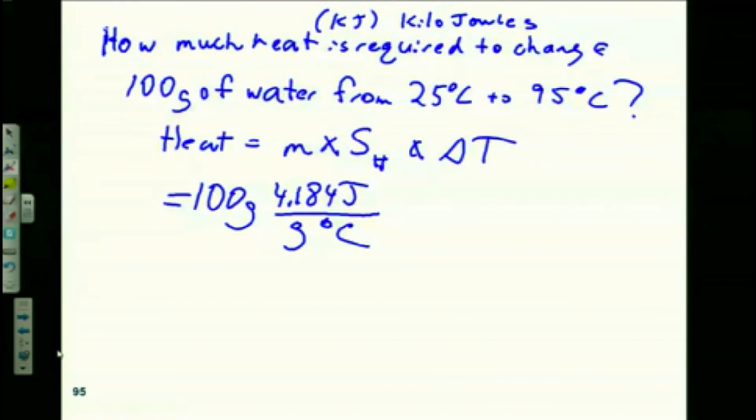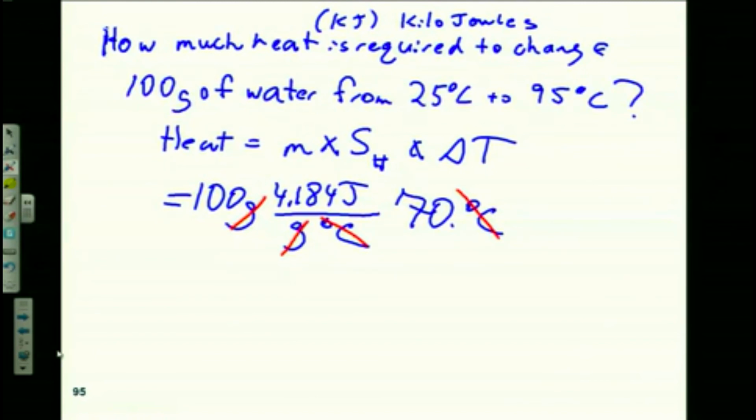Now look, already grams cancels. If you're not writing the units on here, then you're going to get these problems wrong. Okay? You've got to know how these units work. Now what's delta T? Triangle T means change in temperature, right? And it is 70 degrees Celsius. What units am I left with now?